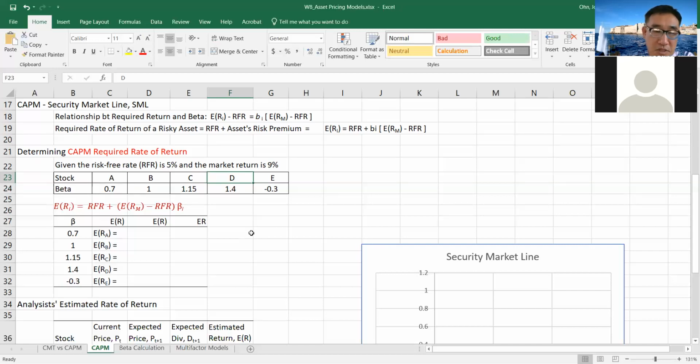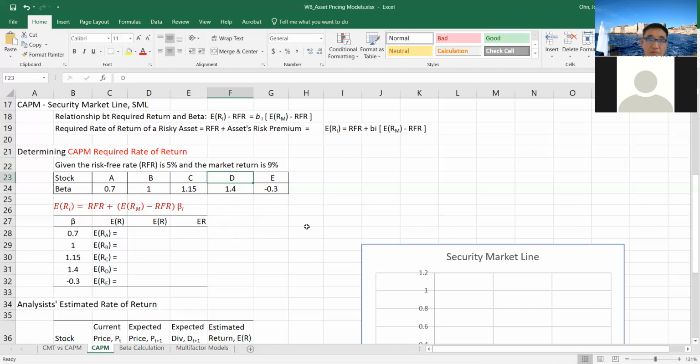One is less volatile, a very stable stock, like utilities. And then C and D are more volatile than the market, like information or technology stocks. All right, we have these 5 stocks.